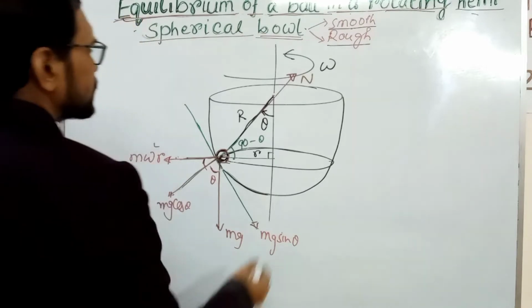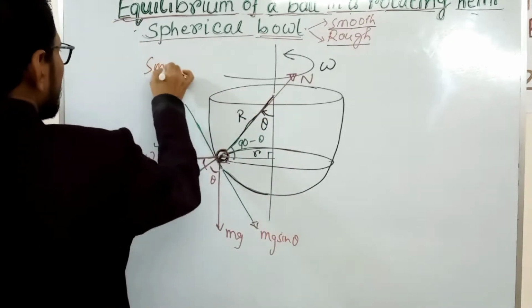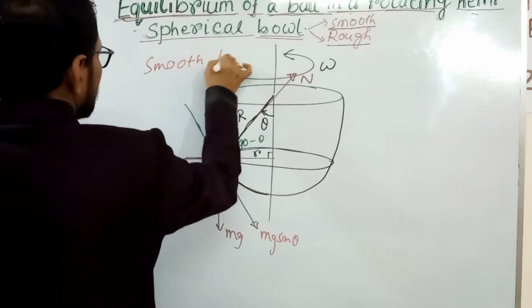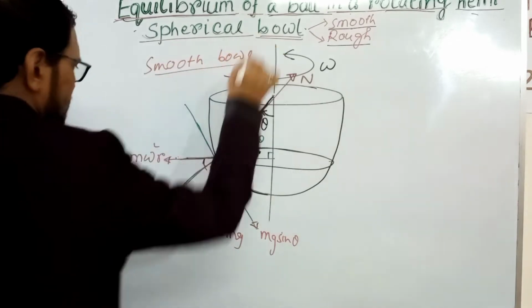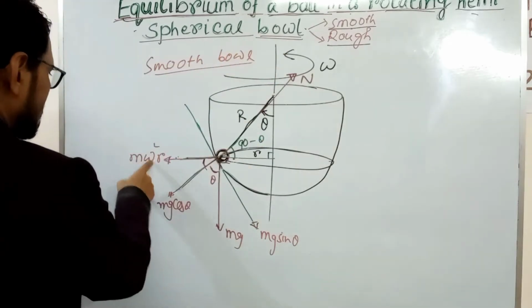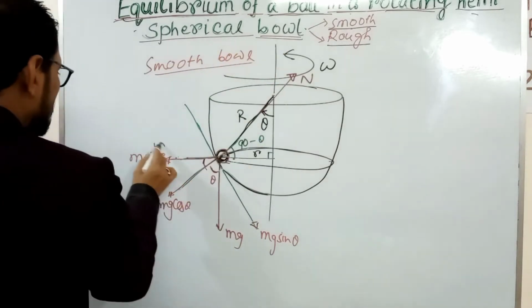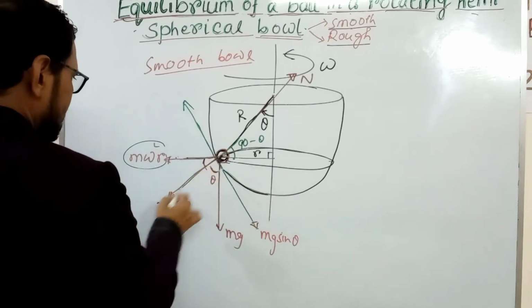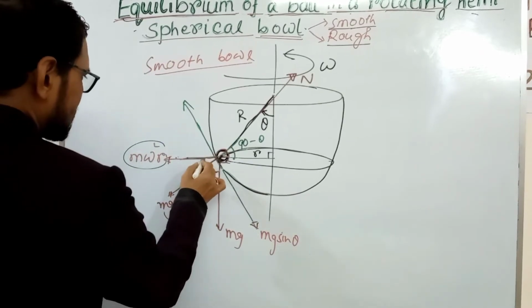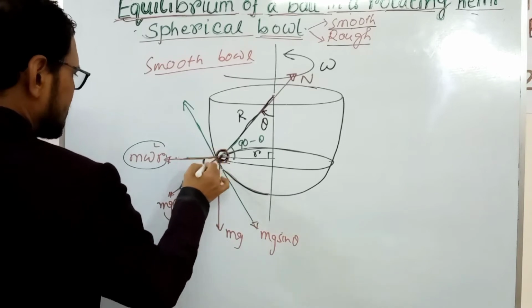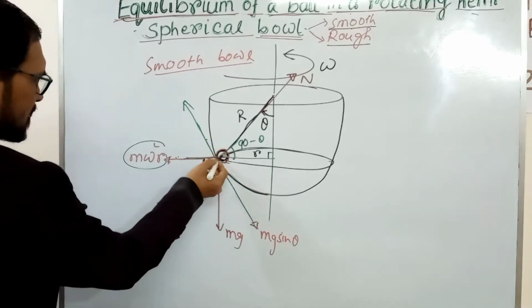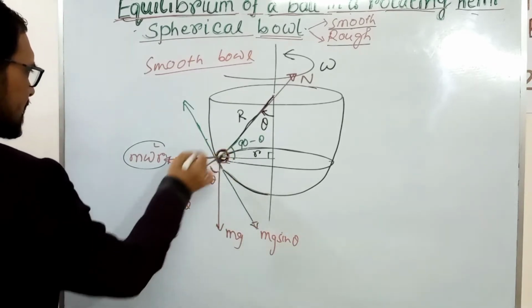So first considering the smooth bowl, we resolve this force along this direction and this direction. This angle is theta, so this angle is 90 minus theta, and this is 90 degree because this is the radial line and this is the tangent.